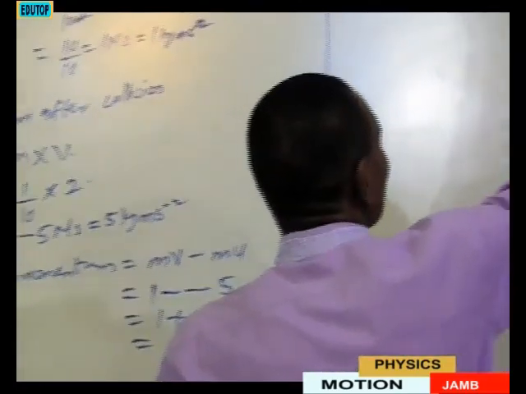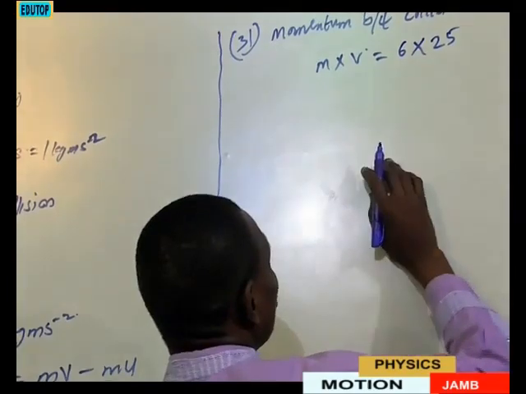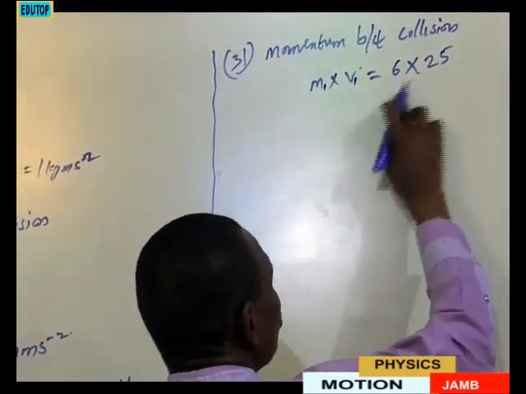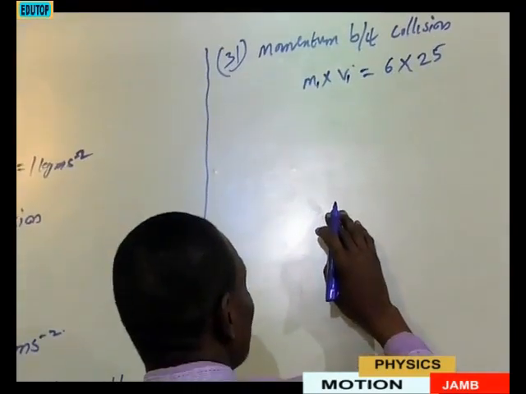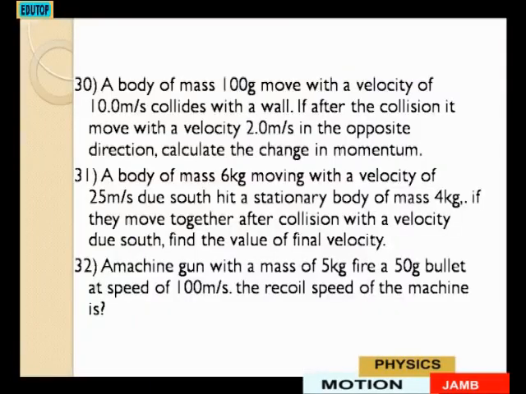We are going to have 6 times 25. That is before collision. We call it M1 V1, which is equal to 6 times 25. This body collides with a body that is stationary, a body that is not moving.